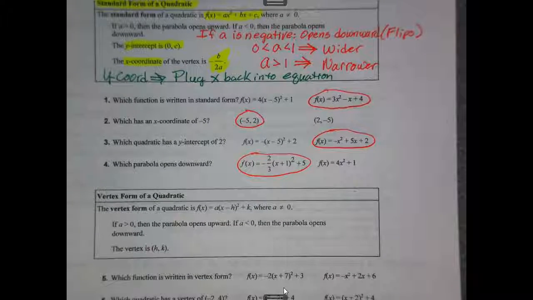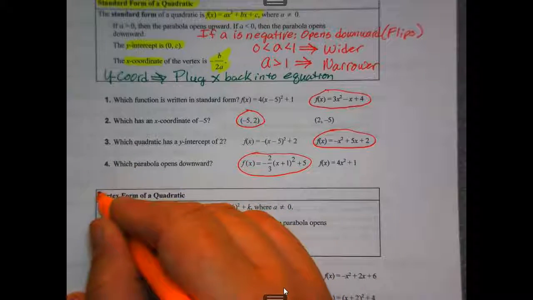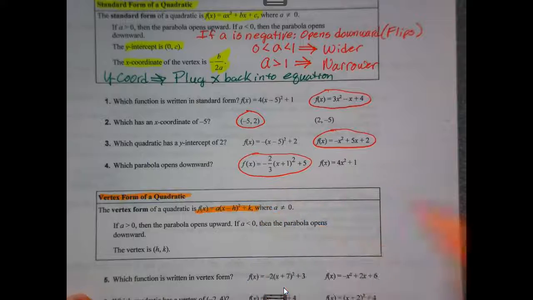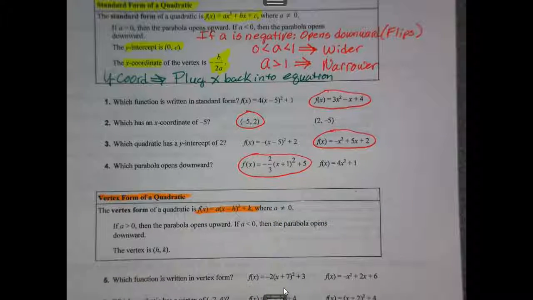Okay, let's talk a little bit about vertex form. We have y equals a times the quantity x minus h squared plus k, where a does not equal 0. Because if a equals 0, what do we have? That's right, children. We have a linear equation.